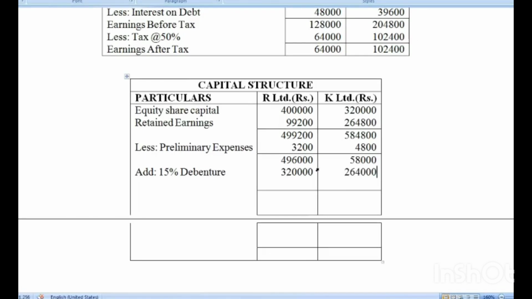Make the total of it. So here 8,16,000 and 8,44,000. Okay.